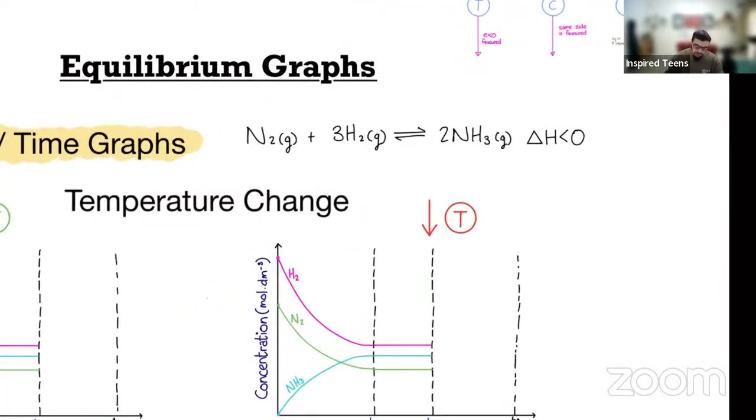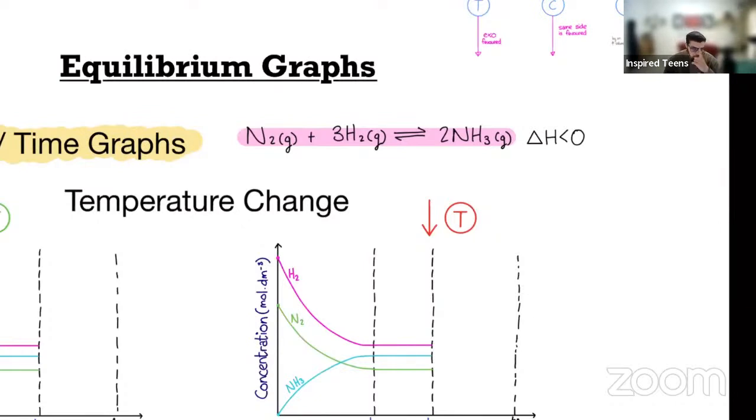Please note, for all of these graphs, we'll be working with this equation, which is the Haber process, not really important, but all of the graphs in these notes are relevant to this equation. Different equations would work differently, but the concept you're going to learn from one single equation.